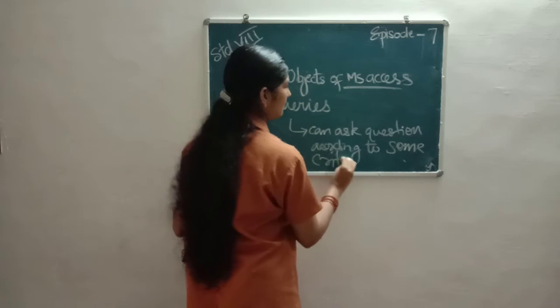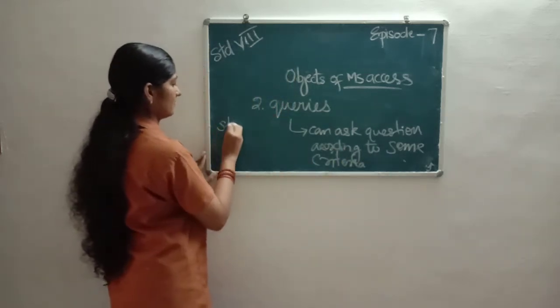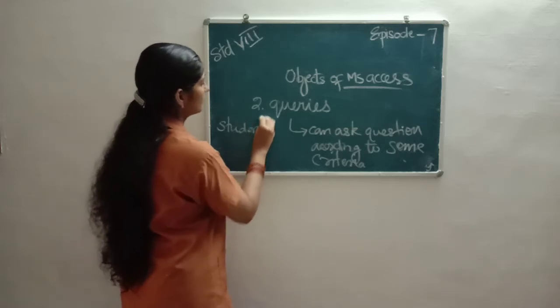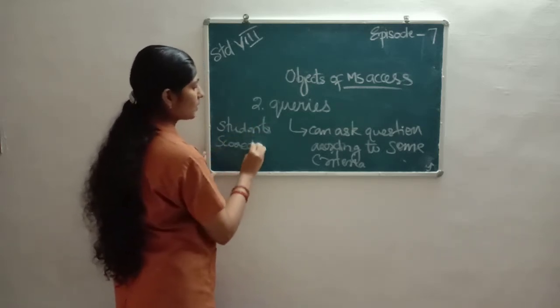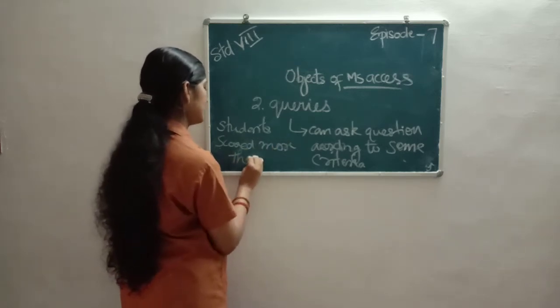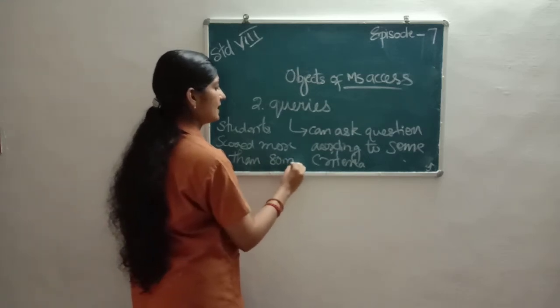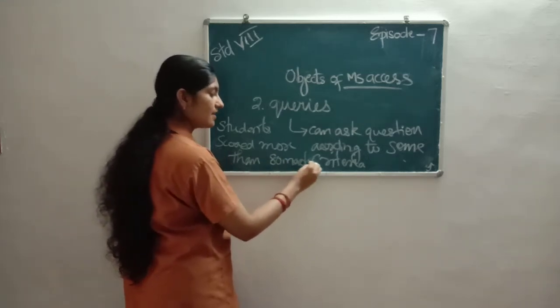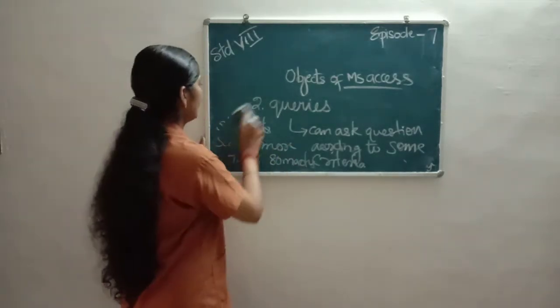For example, students who have scored more than 80 marks. So what is the result? The result is the list of students who have scored more than 80 marks.